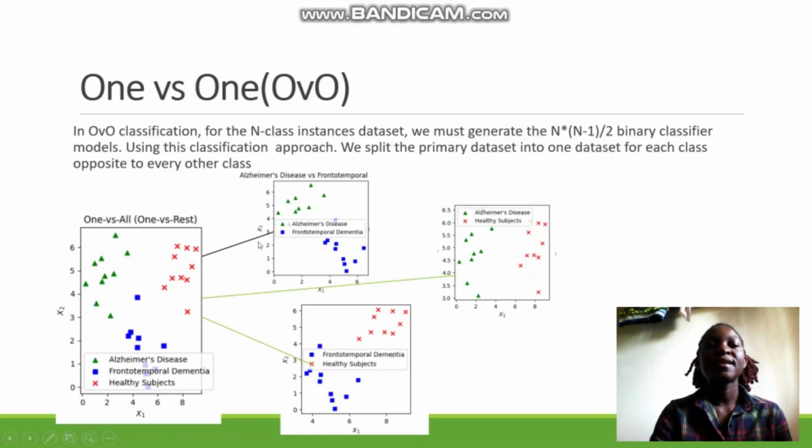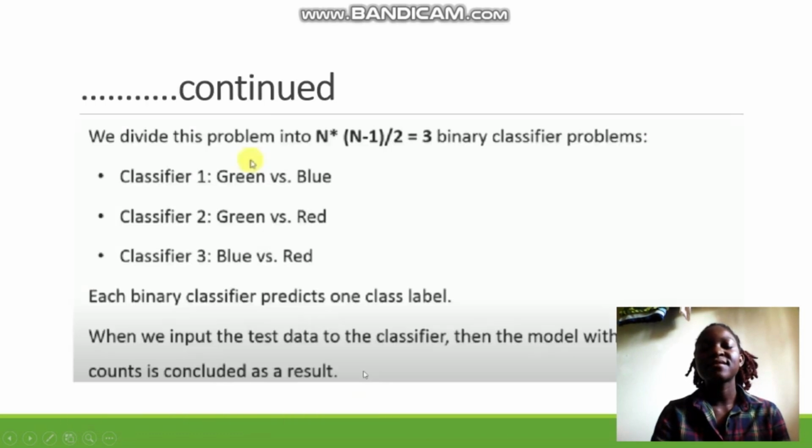So the first classifier is distinguishing between Alzheimer's disease and frontotemporal dementia. Then the second one is distinguishing between Alzheimer's disease and the healthy participants. Then the third one is distinguishing frontotemporal dementia from the healthy participants.